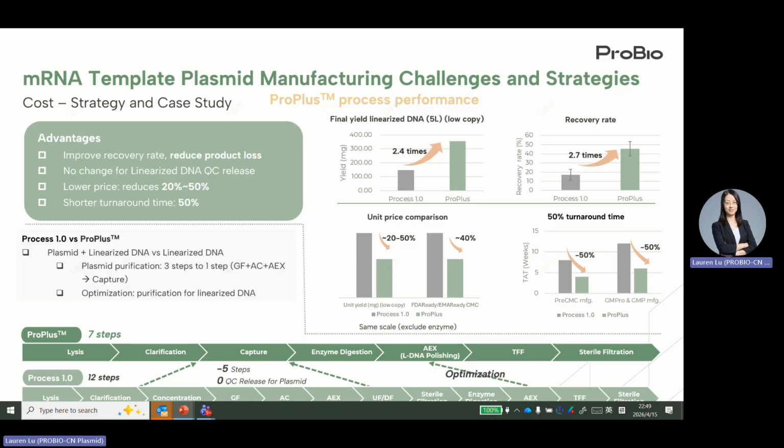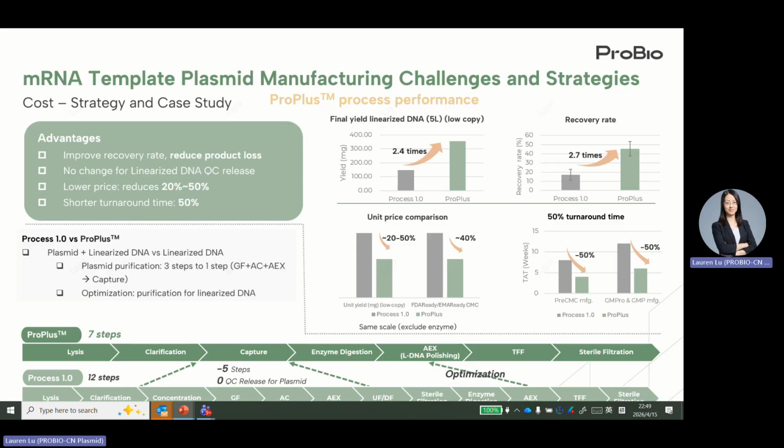And as a result, the ProPlus process can increase the yield of linear DNA by 2 to 3 folds compared to the process 1.0. And regarding the timeline, we can shorten the turnaround time from cell banking to final linearized DNA release by as much as 50%.